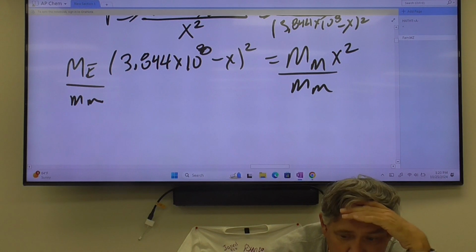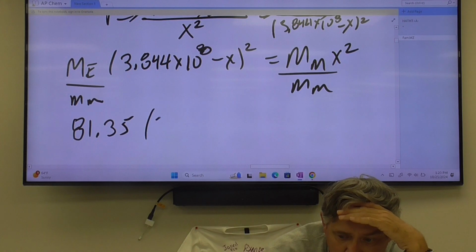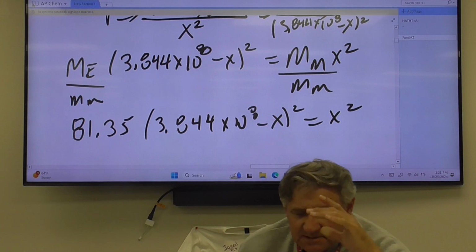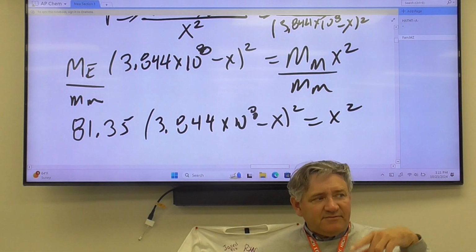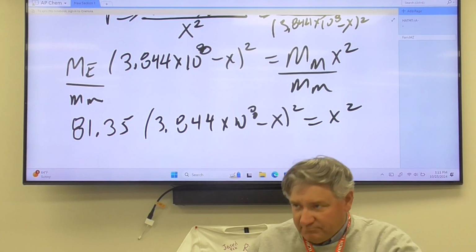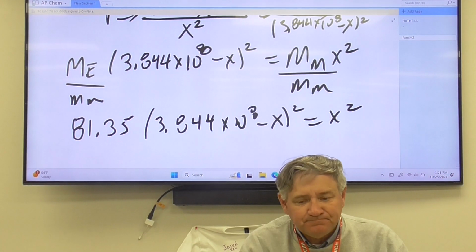I got 81.3. Give me two decimal places. 81.35. So what that means is that the Earth is 81.35 times more massive than the Moon is. That's what that number basically tells you.